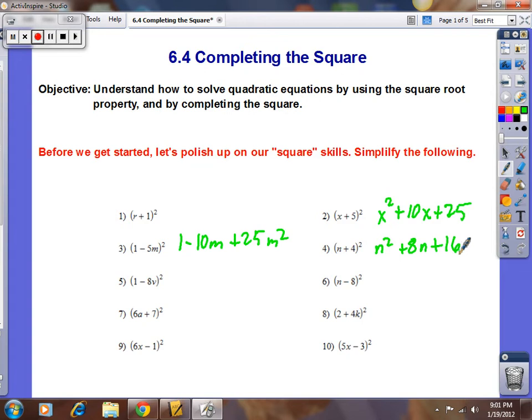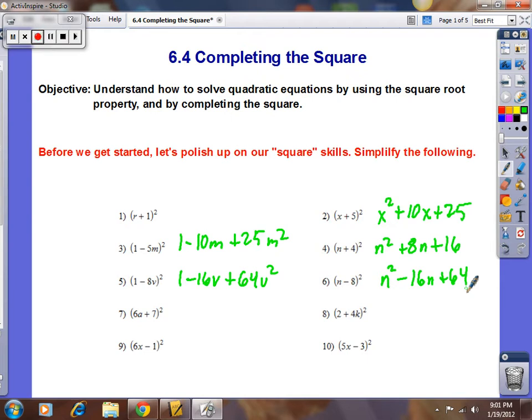Number 5, 1 minus 16v plus 64v squared. Number 6, n squared minus 16n plus 64. So 1 through 6 is where the pattern hops out.